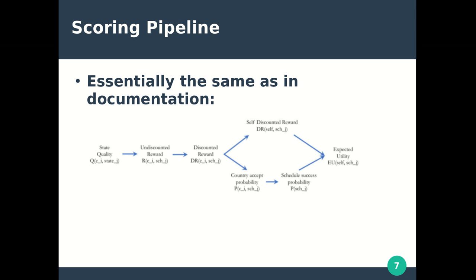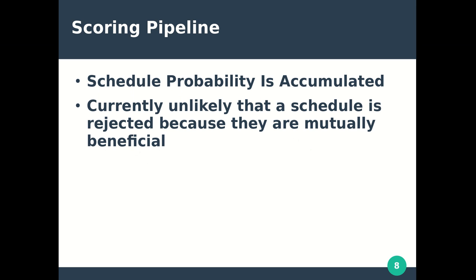So I have state quality, and then I compute an undiscounted reward by subtracting the original score for the country from the current state quality, and then I apply a discounted reward by essentially applying this gamma value over and over, and then I also have the country accept probability, and right now it's unlikely to fail.